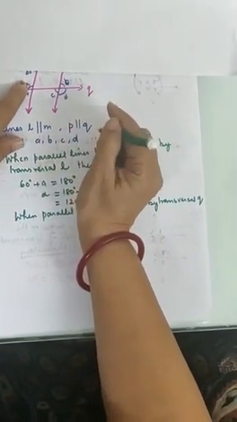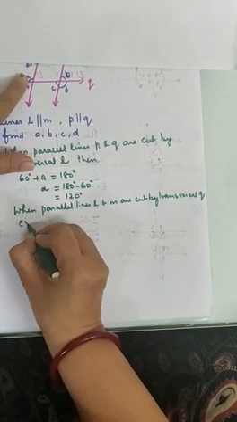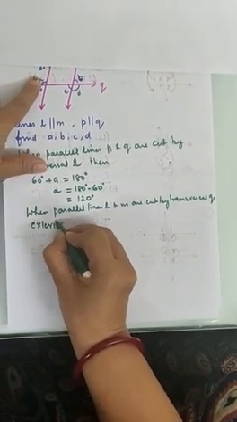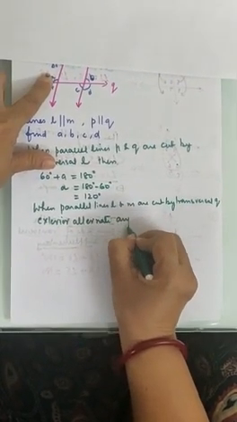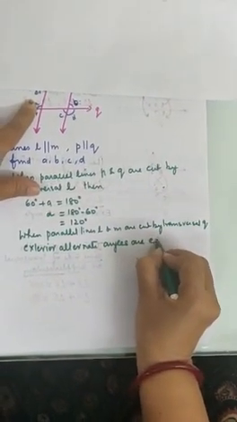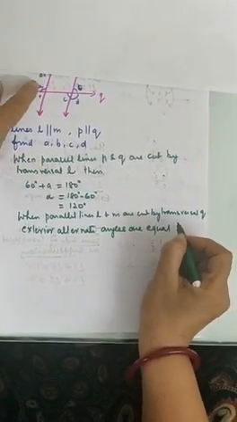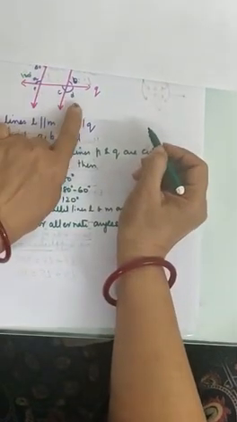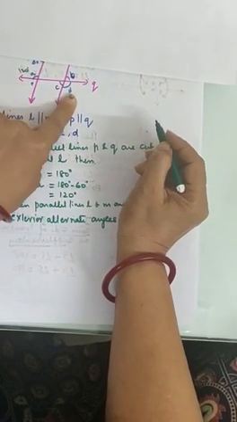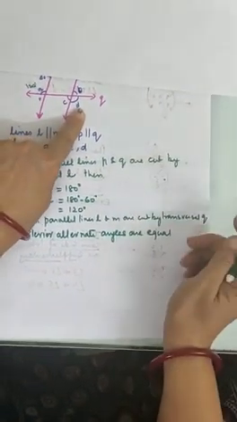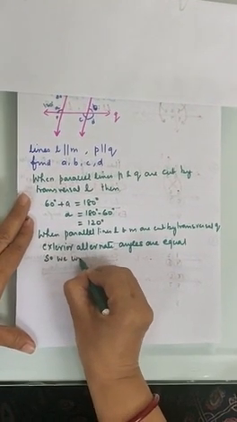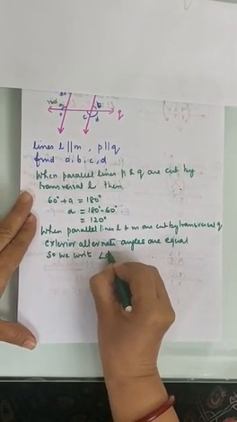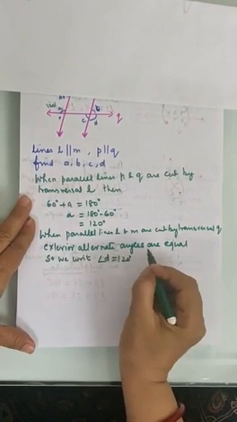So we will say alternate exterior angles are equal. We had calculated angle A as 120 degrees, so your angle D will also be 120 degrees. So we write angle D is equal to 120 degrees.